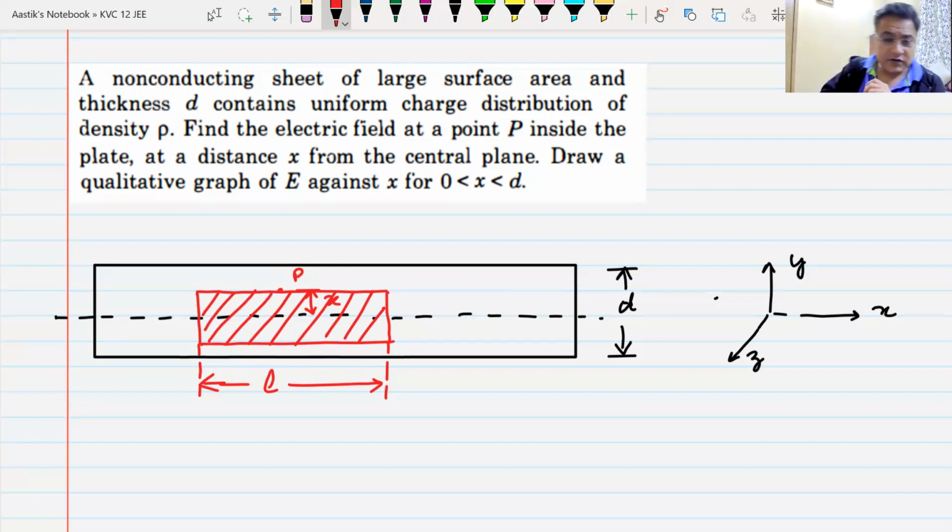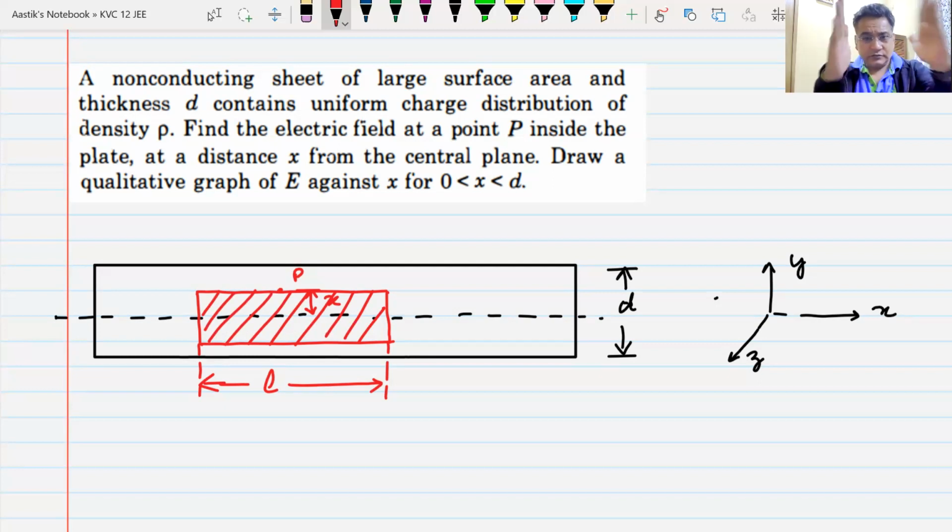Now, the Gaussian surface is like this. At all the points on the upper half, the electric field is going to go upwards, and for the lower half, the electric field is going to go downwards. And the angle between the area and electric field will be 0.